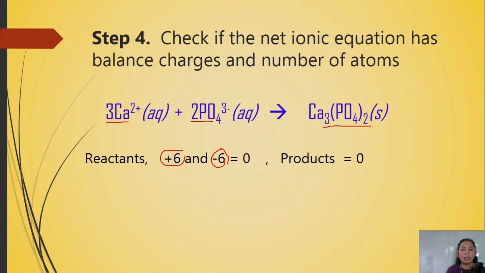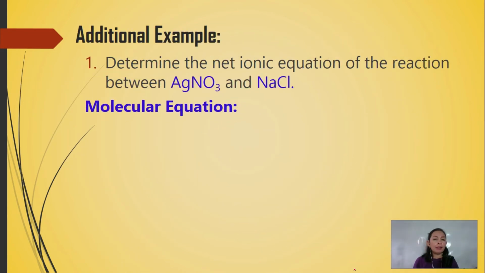Okay? Do you understand? Do you know already how to write the molecular equation, the ionic equation, and net ionic equation, or even how to identify the spectator ions? Okay, let us have an additional example. We have here: determine the net ionic equation of the reaction between silver nitrate and sodium chloride.